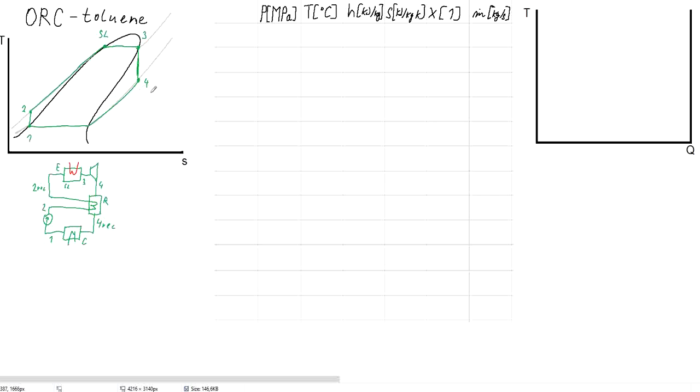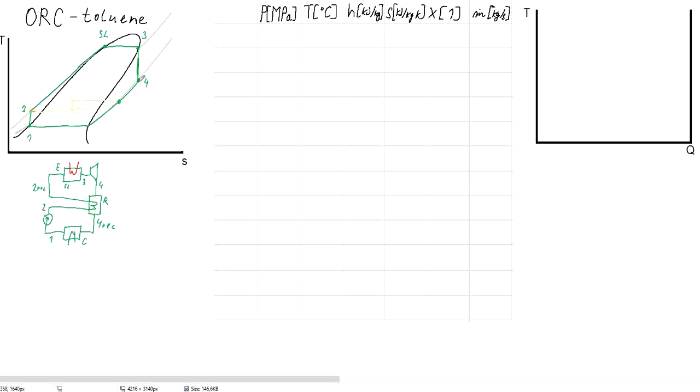So how much heat is transferred in the recuperator? Well, let's have a look at the temperature over here, temperature T2. Then we will have some minimum temperature difference that was specified as 25 degrees C, which was the same for all heat exchangers.